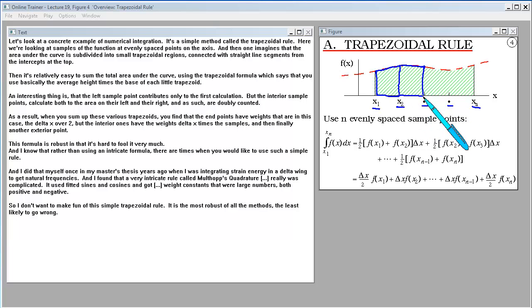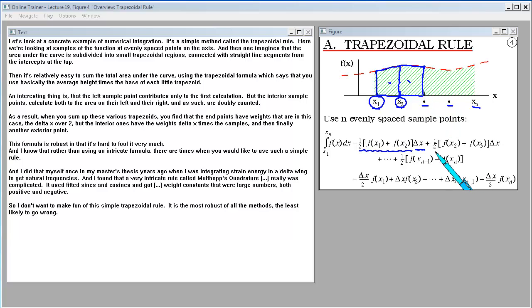Then it's relatively easy to sum the total area under the curve using the trapezoidal formula, which says that you use basically the average height times the base of each little trapezoid. An interesting thing is that the left sample point contributes only to the first calculation, but the interior sample points contribute both to the area on their left and their right, and as such are doubly counted.